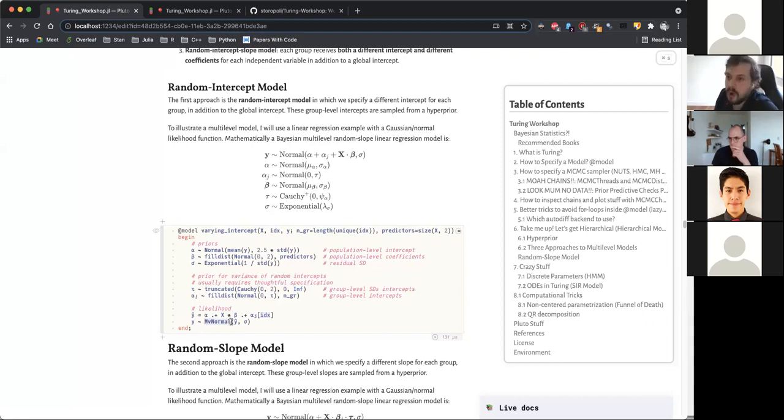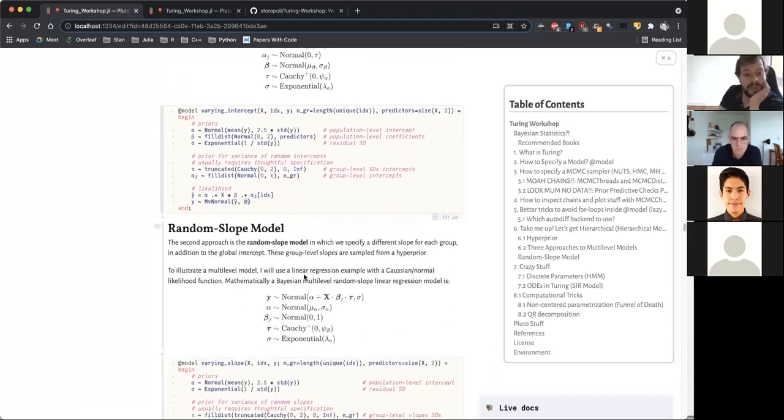And then everything is a multivariate normal, an efficient vectorized normal, with mean my linear predictor and standard deviation sigma. And this is how I do a random intercept model.